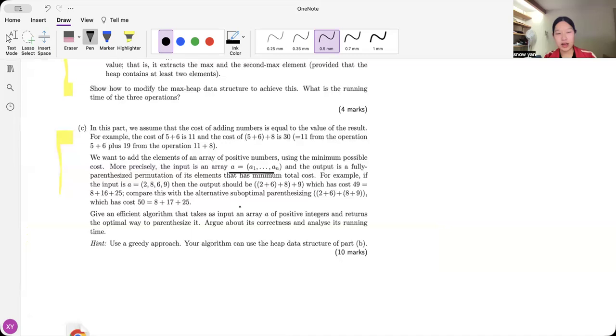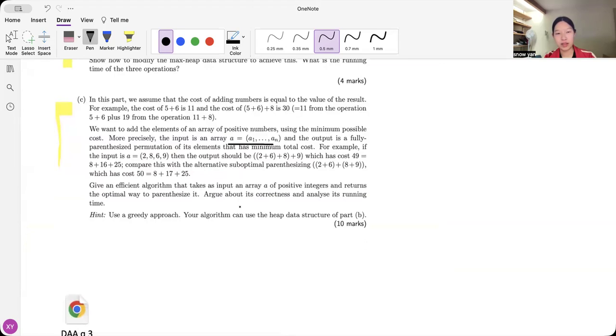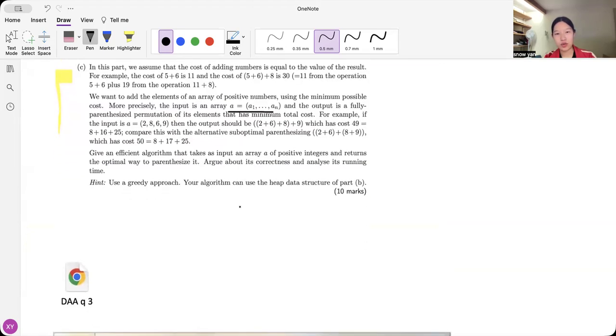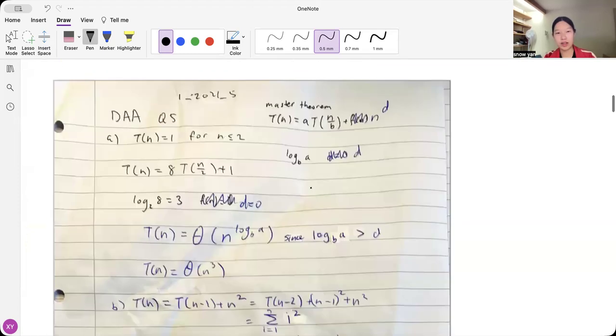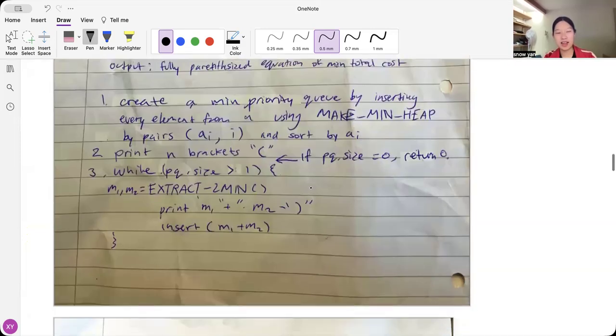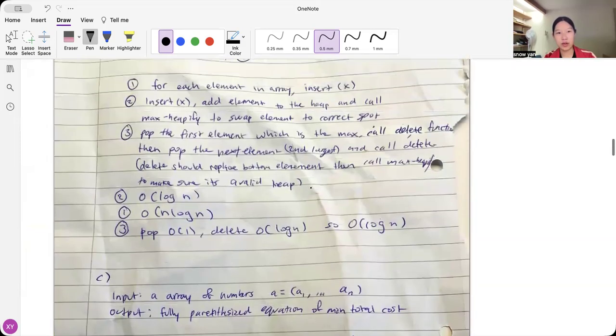We're asked to give an efficient algorithm that takes as input an array A of positive integers and returns the way of parenthesizing it, and then analyze correctness and running time. It gives a hint of using a greedy approach and the heap data structure from part B.